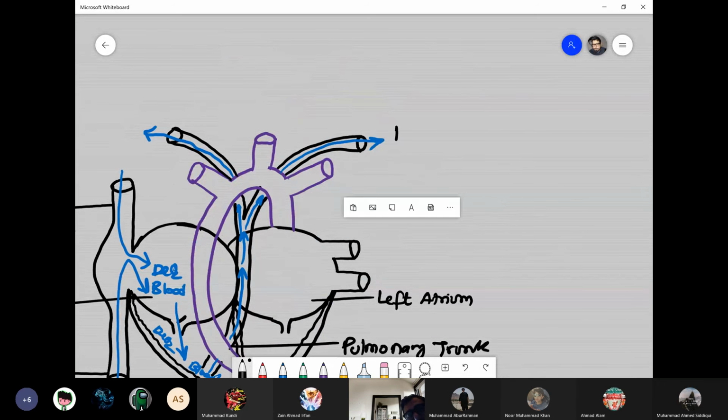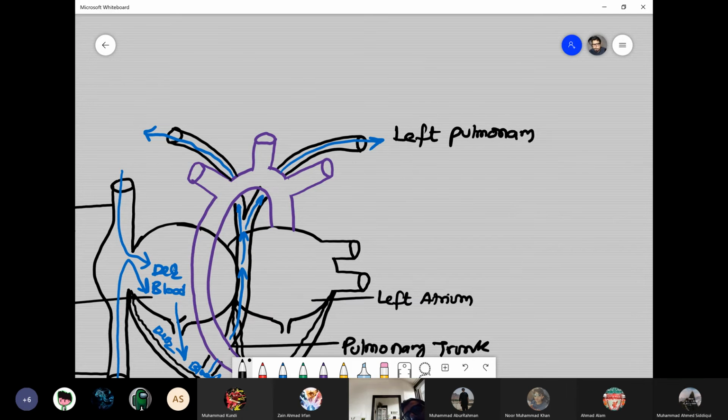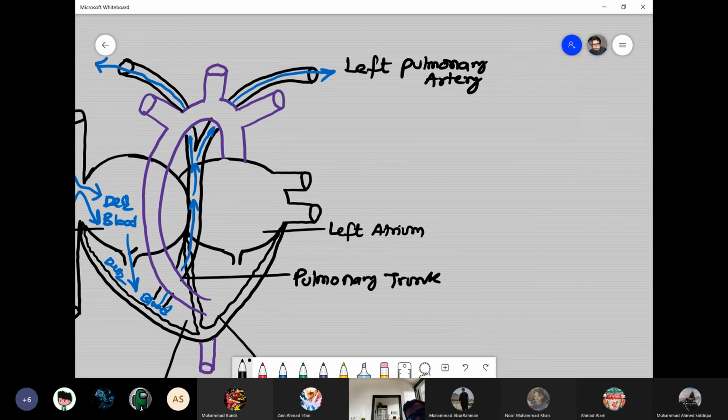This one is called the left pulmonary artery, and this takes the blood to the left lung.